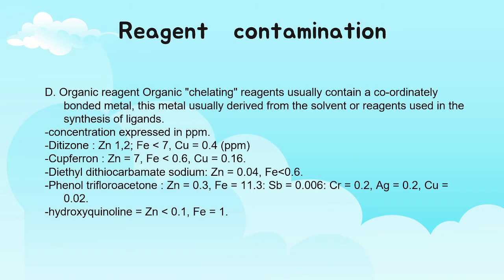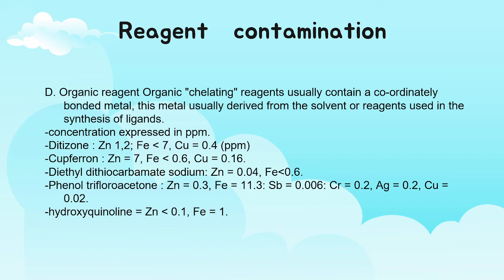Next, the organic reagent. Organic reagents usually contain coordinately bonded metal. This metal is usually derived from the solvent or reagent used in the synthesis of ligands. Concentration is expressed in ppm.